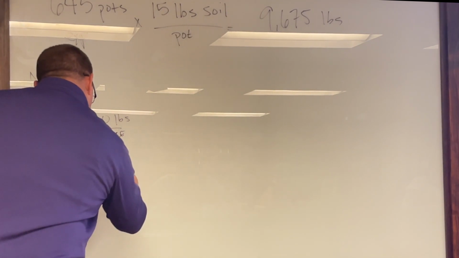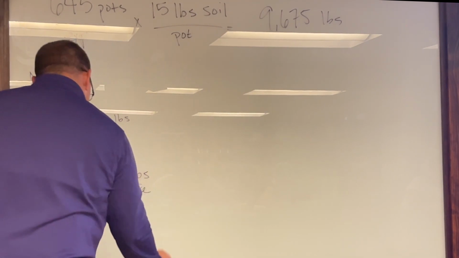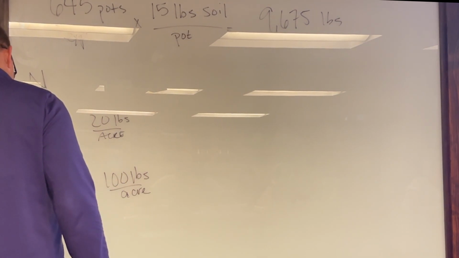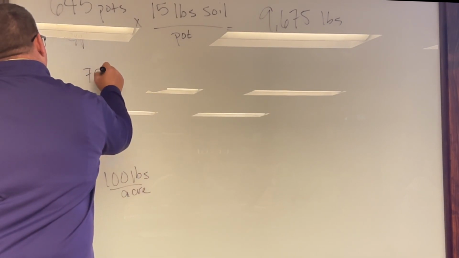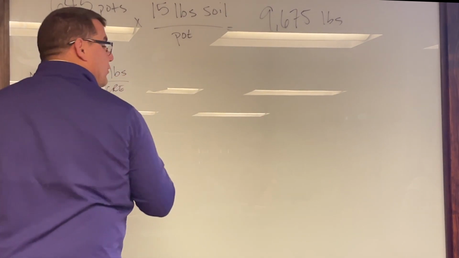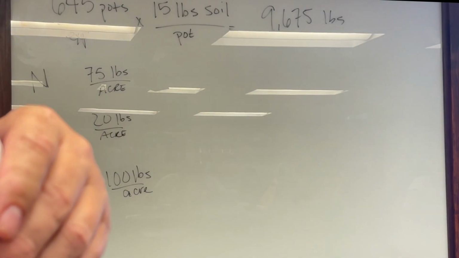K2O is 100 pounds per acre. And nitrogen is 75 pounds per acre. The reason I gave you the nitrogen last is because that's just going to be a regular recommendation. We're actually going to choose that value.